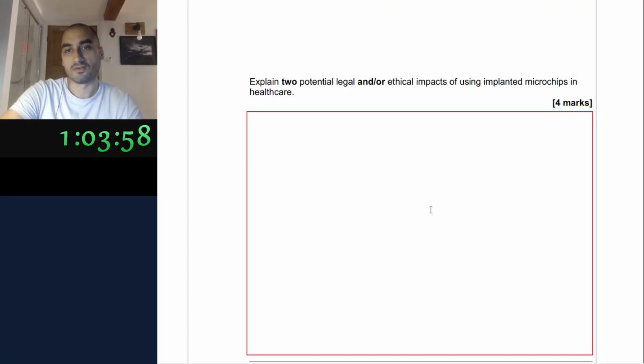Implanted microchips in healthcare. What? What is bad about implanted microchips in healthcare? Ethical. Security is a risk.